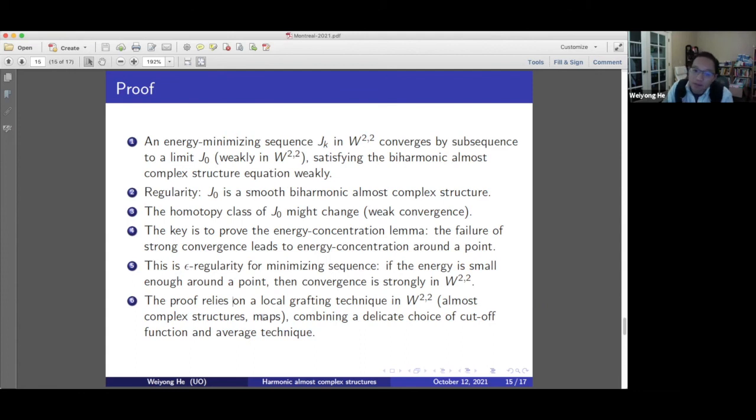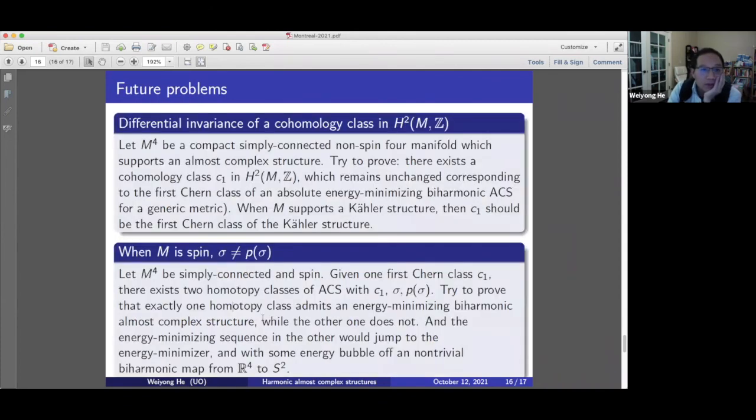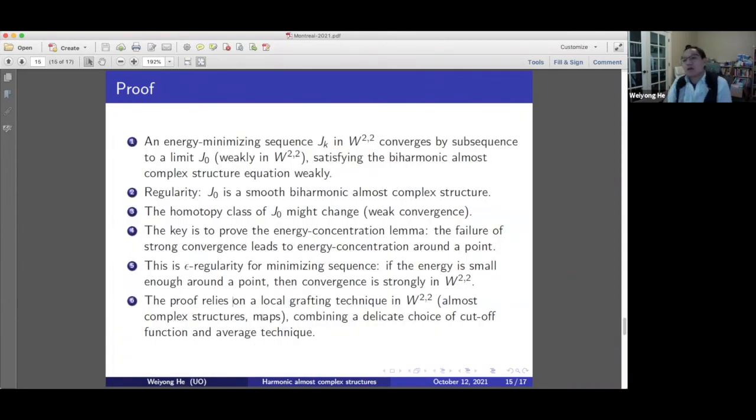We can also apply it to the existence of biharmonic maps and polyharmonic maps in that setting, even though the regularity theory was known a long time ago. Any questions so far? No, go ahead. We have about 10 minutes.